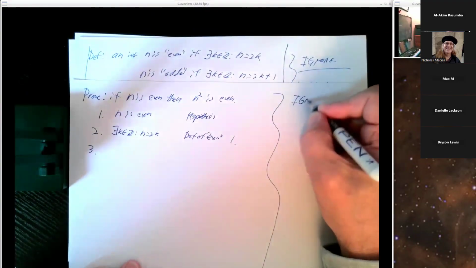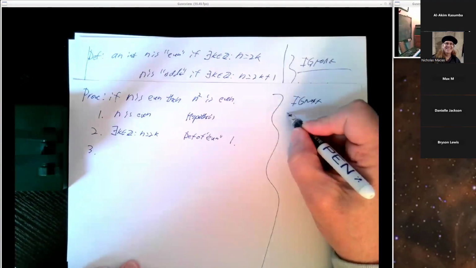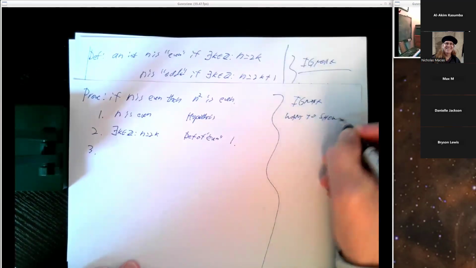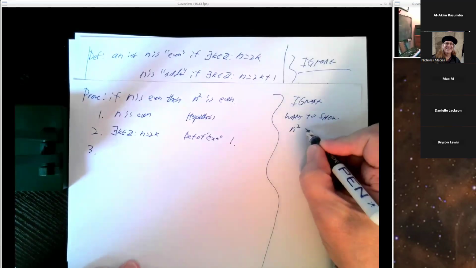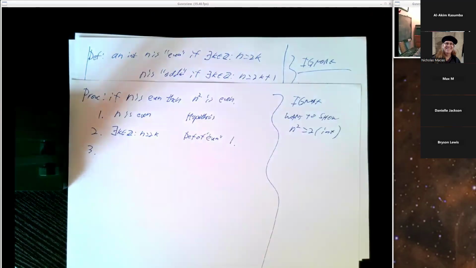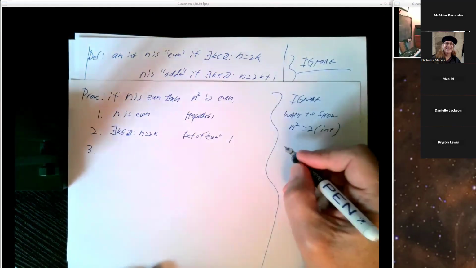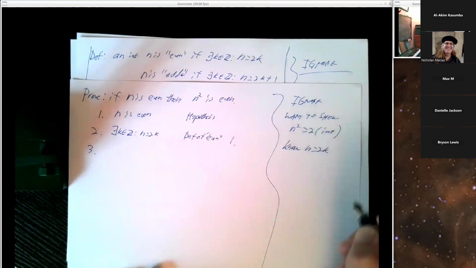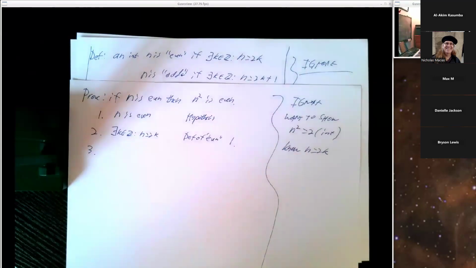And I'm going to do this again. I want to show n squared is 2 times some integer. And I know n equals 2k, where k is an integer.